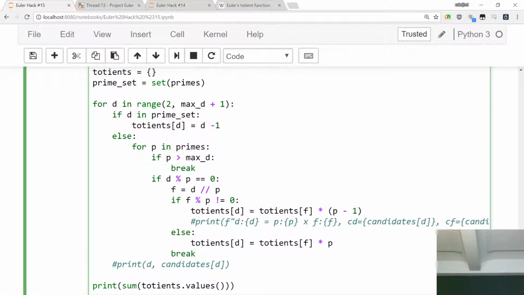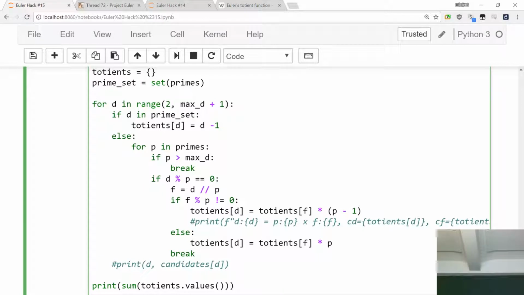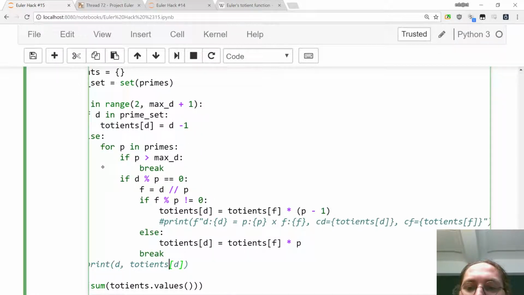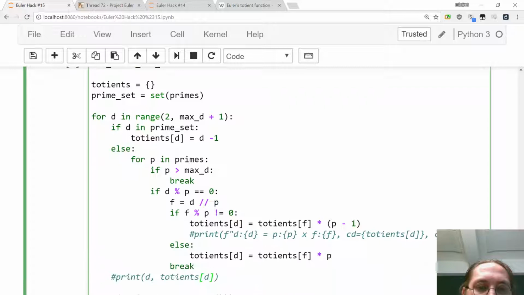Okay, so what do we say? Now we have a really efficient totient function, and now we can solve last week's problem. I would say if you do this, rename that f variable to something like reference, or ref.